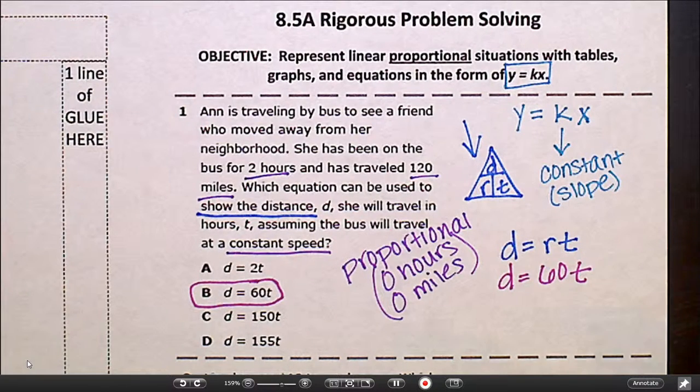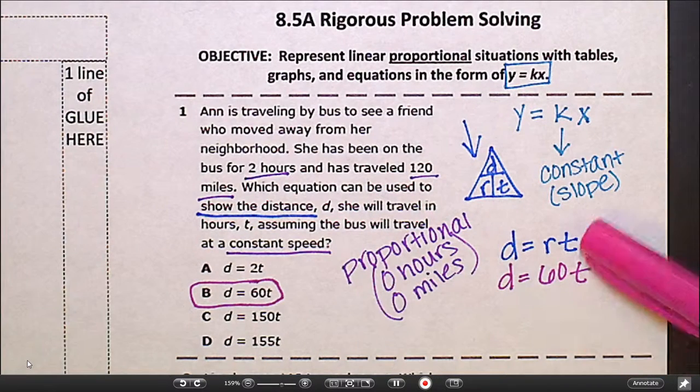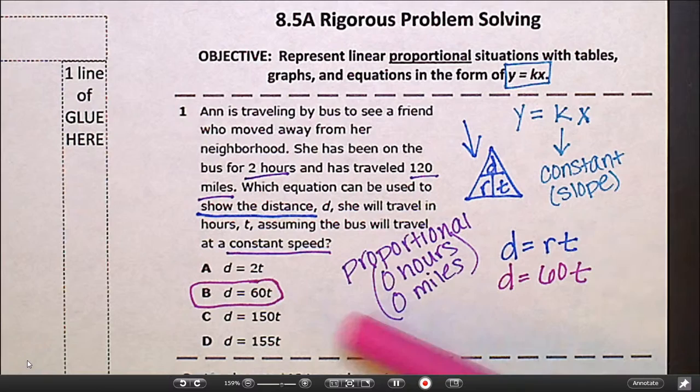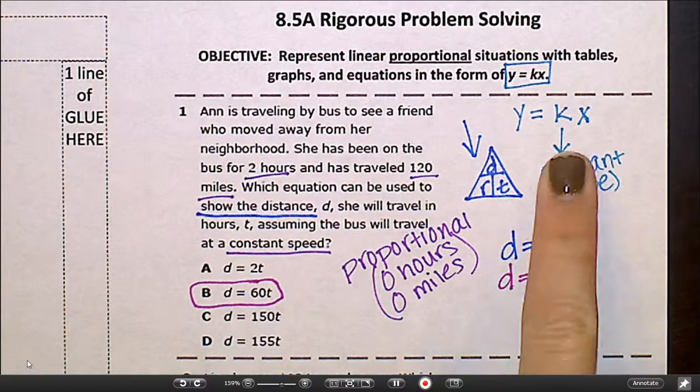So we took this proportional situation, which in this case deals with the distance formula, so we had to know that, and we were able to form an equation from it. And remember, this is our constant. 60 miles per hour is the constant speed. That's our K.